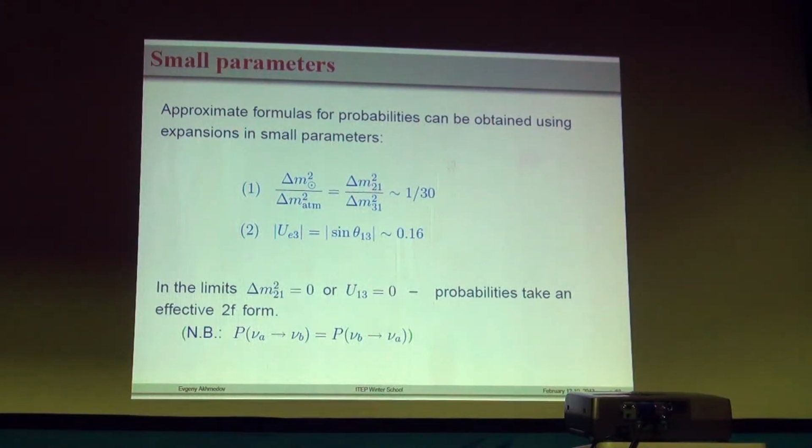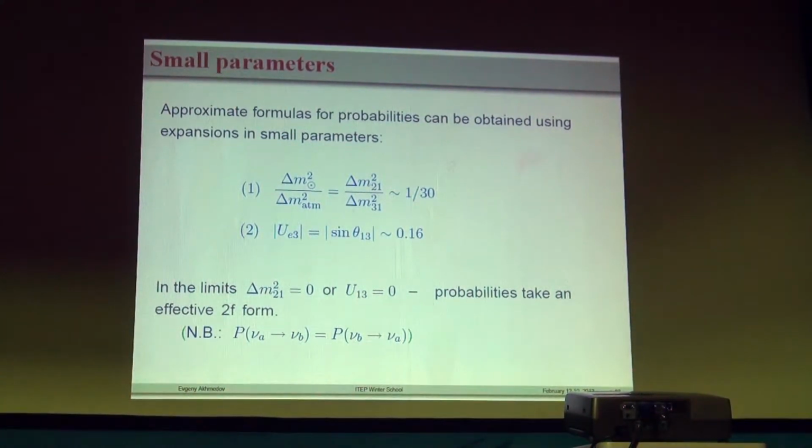So we have two small parameters in the theory of three-flavor neutrino oscillations. And this allows us, in the first approximation, in some cases, to reduce the full three-flavor problem to a much simpler two-flavor problem. Consider neutrino oscillations as a sequence of two-flavor problems. However, this is not always possible.